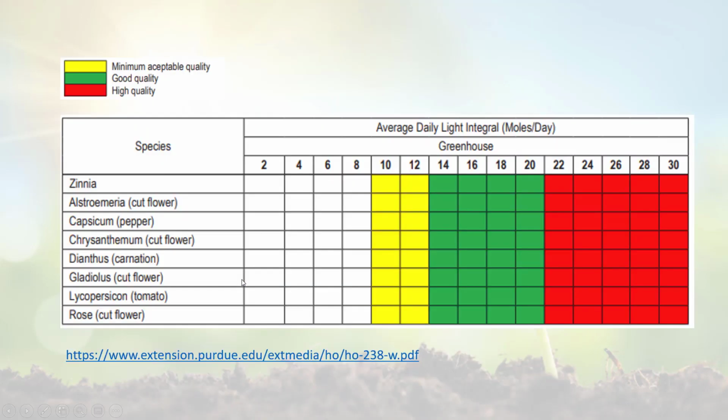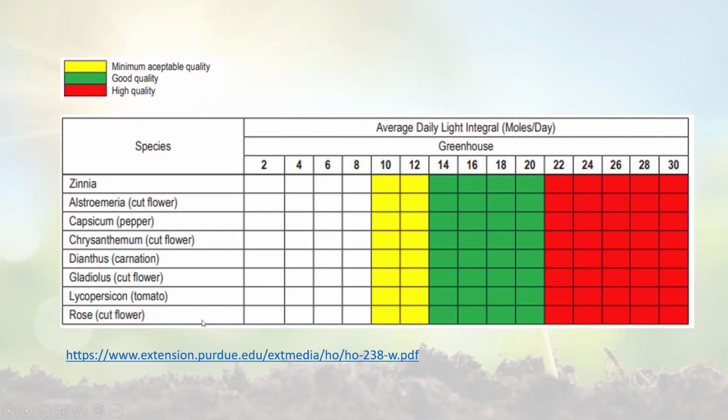Okay. Now we can also measure this in a greenhouse, right? And typically the max you're going to see at a greenhouse is about 30 daily DLIs. It can vary as well. But what's important is we also have information on different species and their requirements for daily light integral. And you can see the more light that they get per day is going to affect their quality.